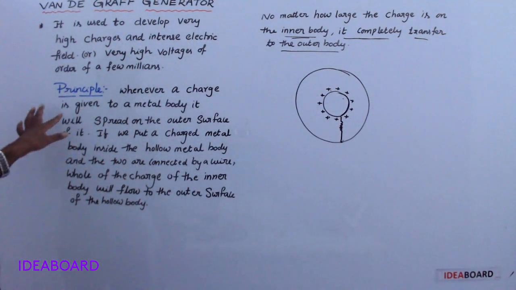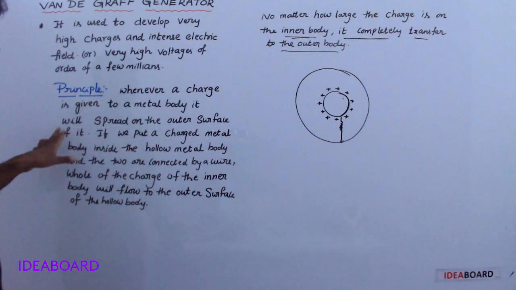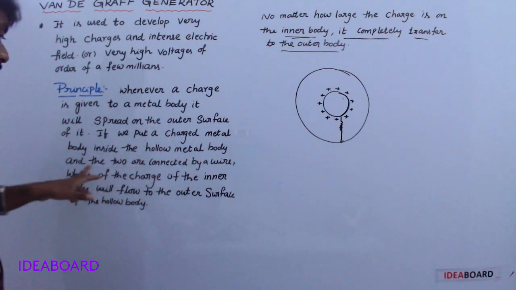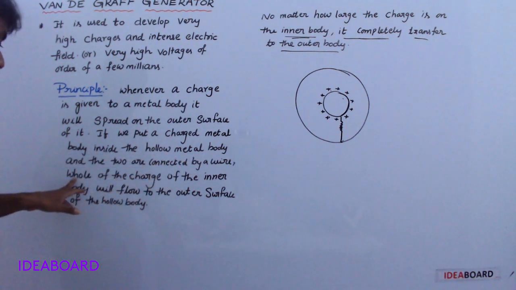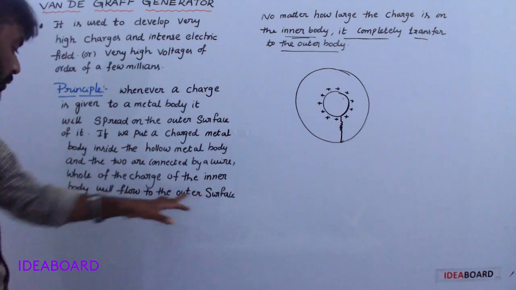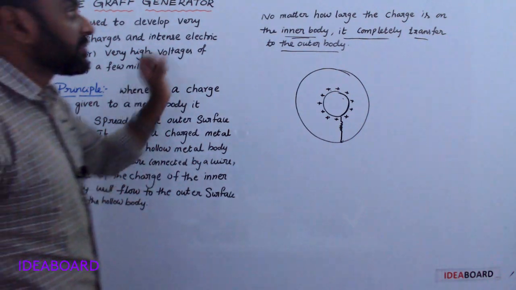Once again, whenever a charge is given to a metal body, it will spread on the outer surface of it. If we put a charged metal body inside the hollow metal body, and the two are connected by a wire, the whole of the charge of the inner body will flow to the outer surface of the hollow body.